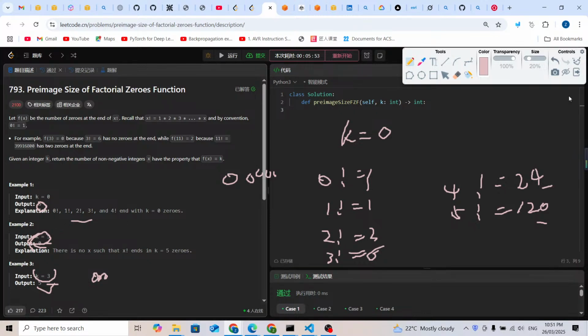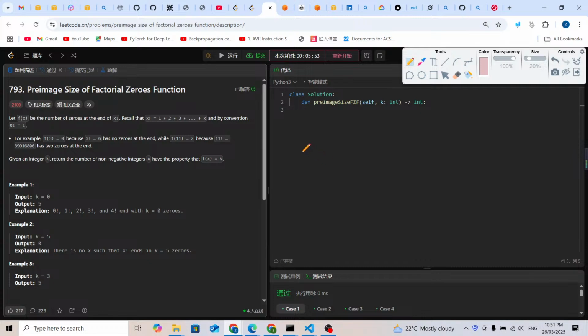But let's try to understand the problem like this. For 0 there are 0 trailing zeros, and up to number 4 the trailing zeros are still 0. But for number 5, how many trailing zeros?